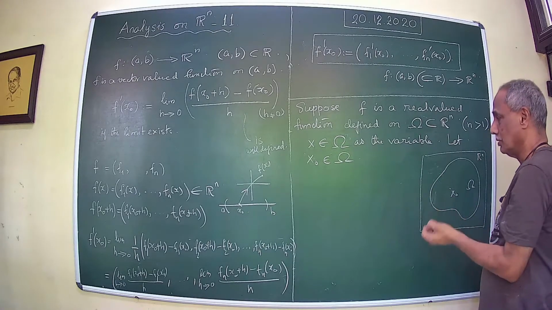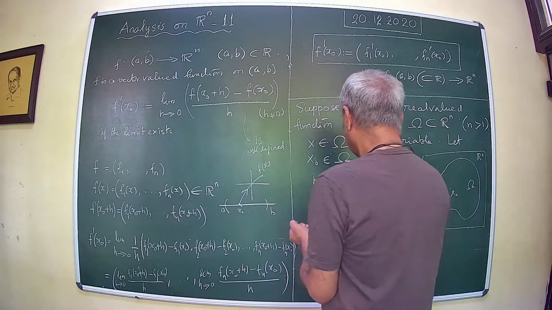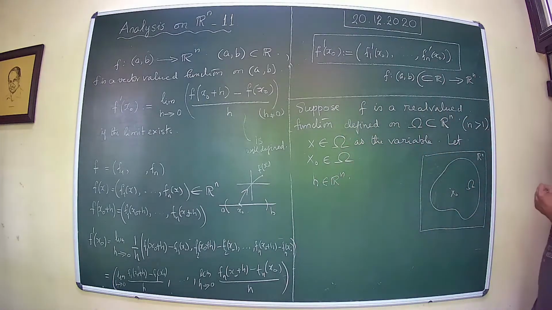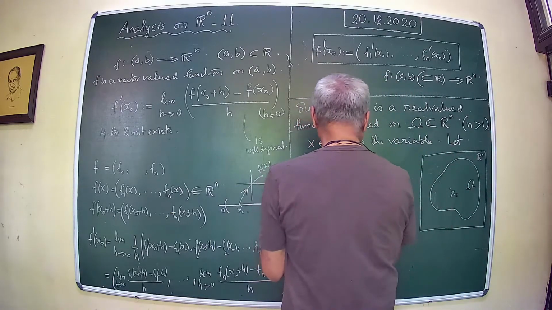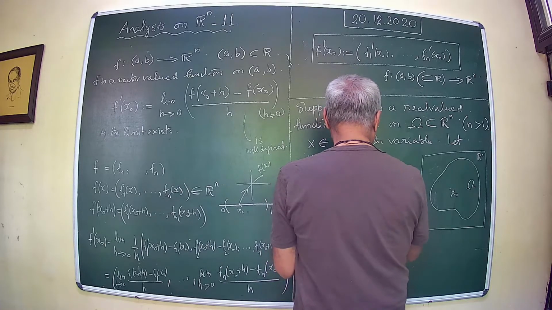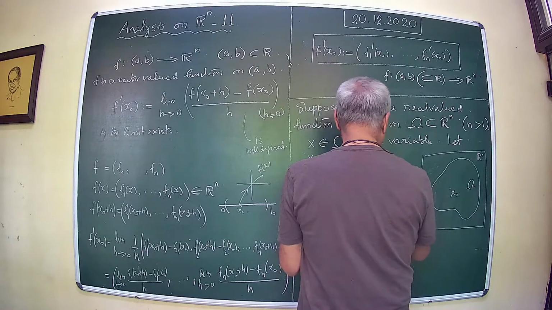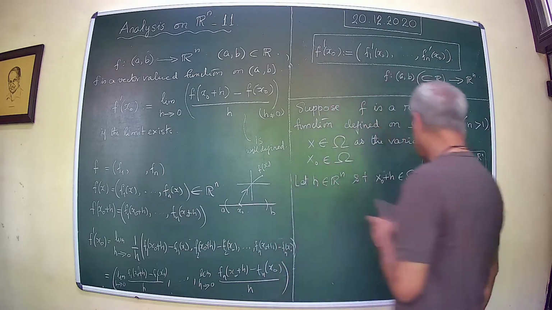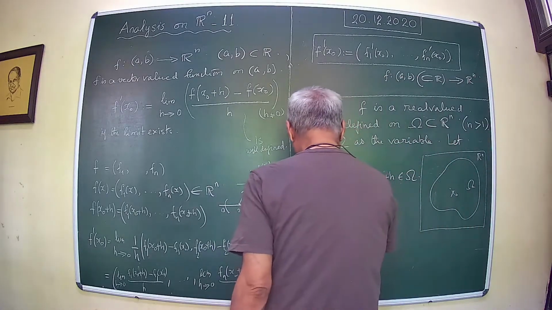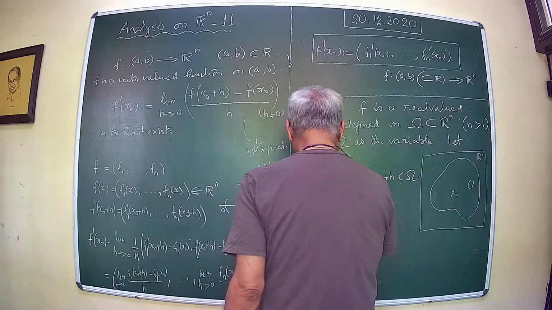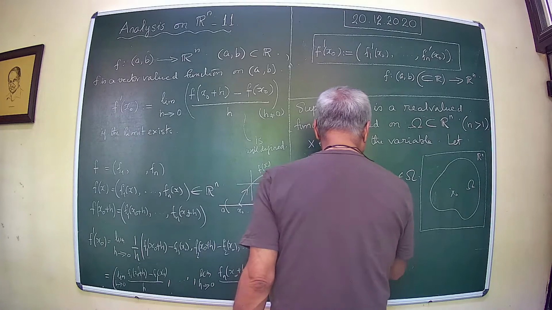So we take h in R^n, then x naught plus h such that f is defined, and then you take f of x naught plus h minus f of x naught.